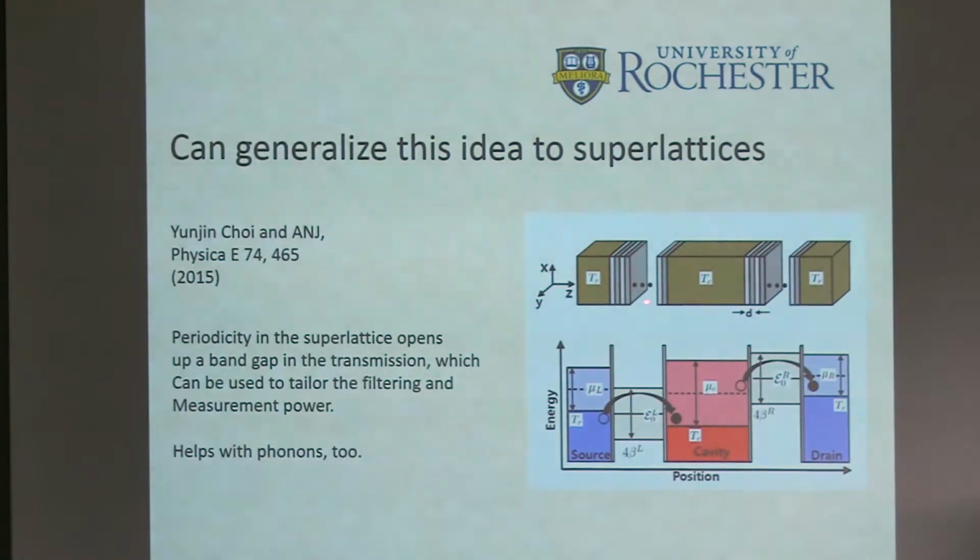What this does is create a mini band in your mesoscopic structure. So I think Rob, where's Rob? Is he around? You were talking about having this boxcar filter to get your maximum efficiency at a given power. This is exactly the way that you would make such a boxcar type filter, because you have a mini band which excludes transport for certain energies, then you have a band that allows transport, then you have the mini band.